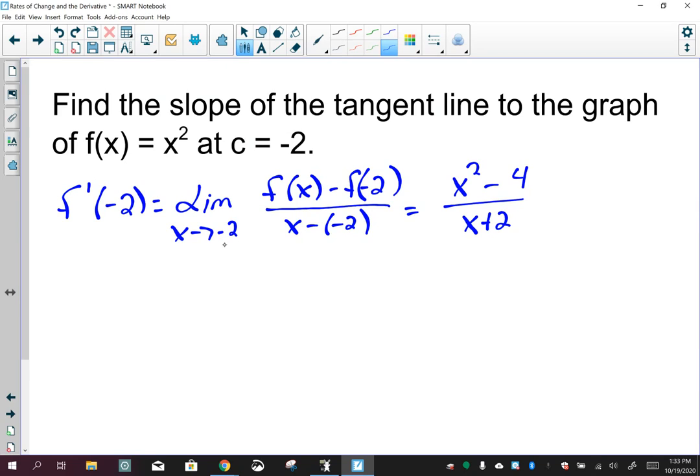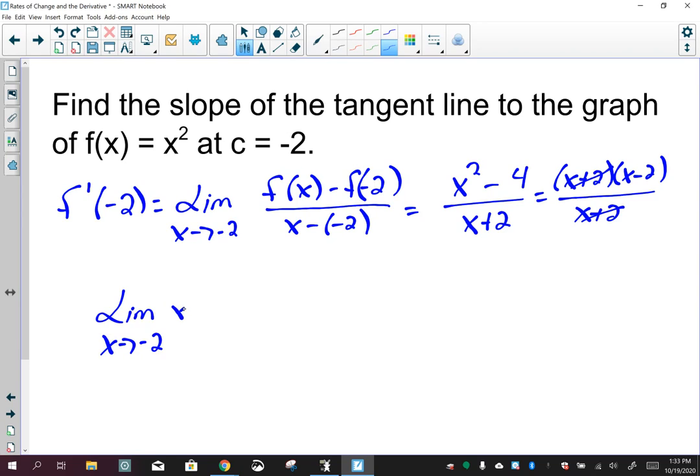Now notice if I plug negative 2 in here, I get 0 over 0. So that tells me I can factor: x plus 2 times x minus 2, all over x plus 2. Notice that these are going to cancel. So what I'm really looking at is the limit as x approaches negative 2 of x minus 2.